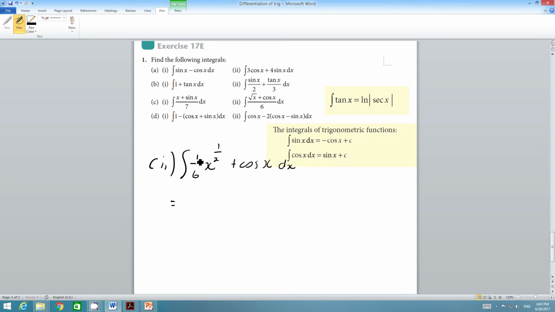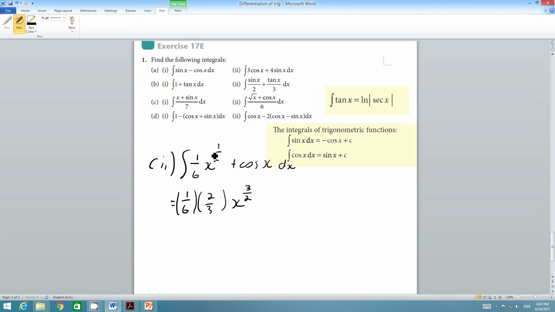So the integral of 1 over x to the power of a half. So what do I do? I'm going to say a half plus 1. This becomes 3 over 2. So let's write it all out. So 1 over 6 multiplied with the reciprocal of 3 over 2, and this will become 2 over 3, and x to the power of 3 over 2.